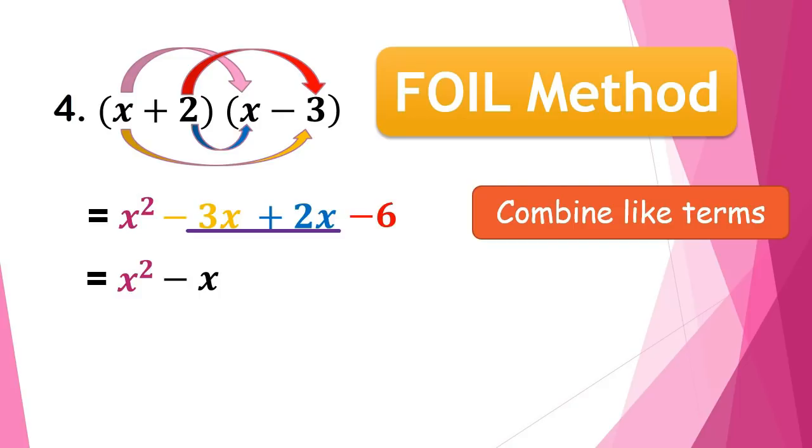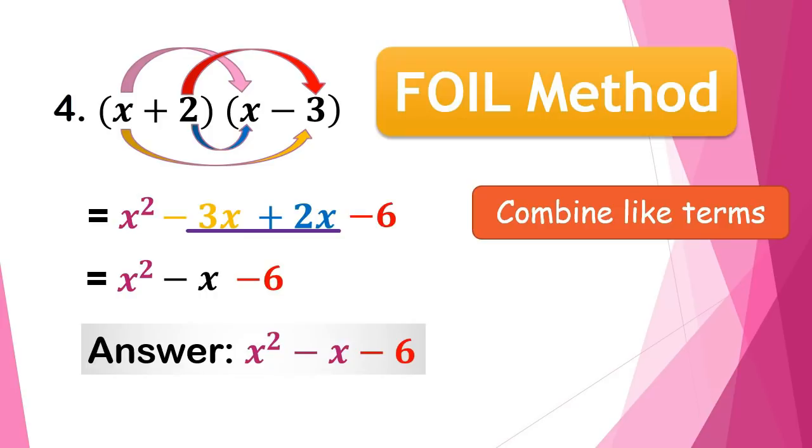Since ang negative ay nasa 3, siya yung masusunod. Bring down 6, so just copy. Therefore, the product of the given example is x squared minus x minus 6. So that is the use.